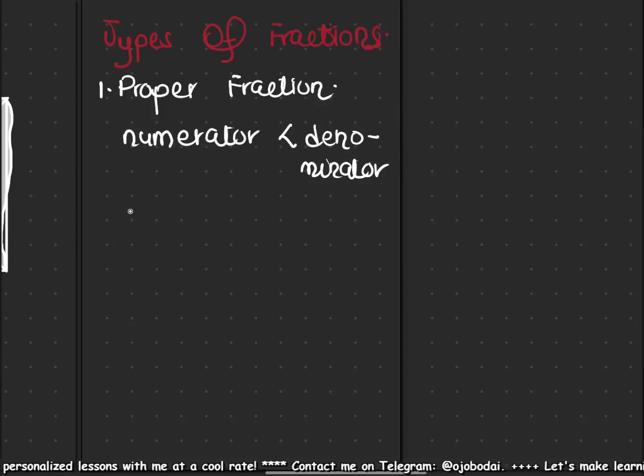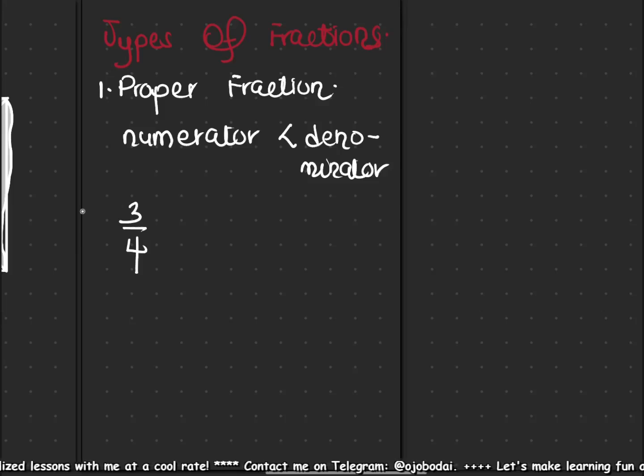Examples can be what? The 3 over 4. Remember, this is our numerator. The 3 is our numerator and the 4 is our denominator. And because 3 is less than 4, it is a proper fraction. I guess you can give examples. You can write them in your books.